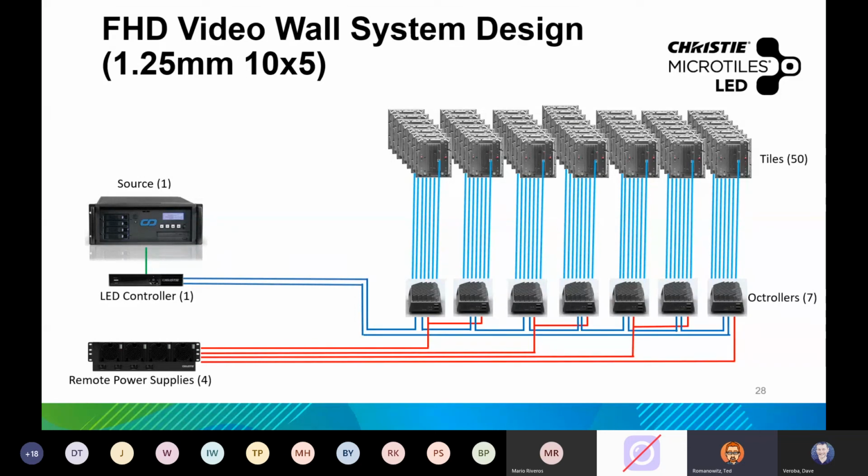Octo means 8. So each Octroller handles up to 8 tiles. Each power supply handles 2 Octrollers or up to 16 tiles. It really makes it simple math when you do system design. And then again, a single power over Ethernet cable from the Octroller to the subsequent tile.